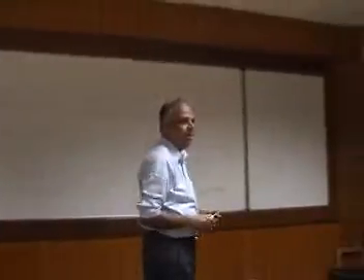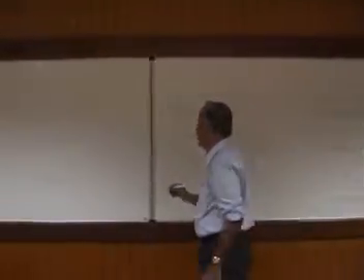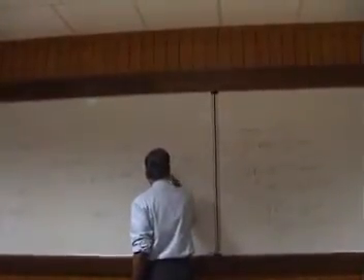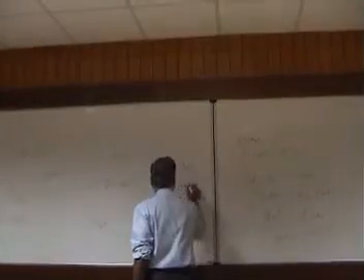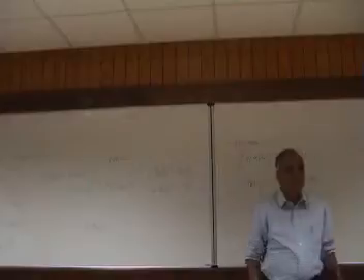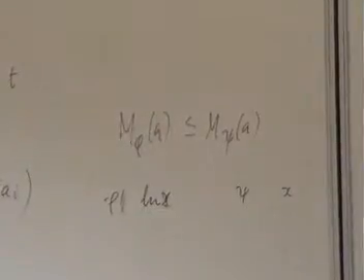That's all I have got, when phi was log t and psi was x, the identity. Now of course one can ask the following question: what pairs of monotone increasing functions have m phi a less than or equal to m psi a?